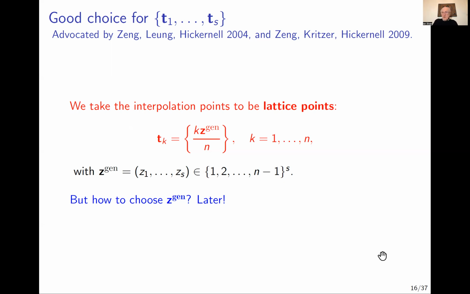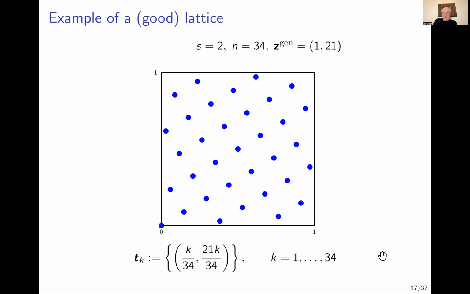So these are lattice points for a rank 1 lattice rule, and I suppose most people in this group have probably seen such things. As a simple example of a good lattice in 2 dimensions with 34 points, which is a particular Fibonacci number, z_gen is (1, 21), and 21 and 34 are consecutive Fibonacci numbers. That's a good construction in 2 dimensions.